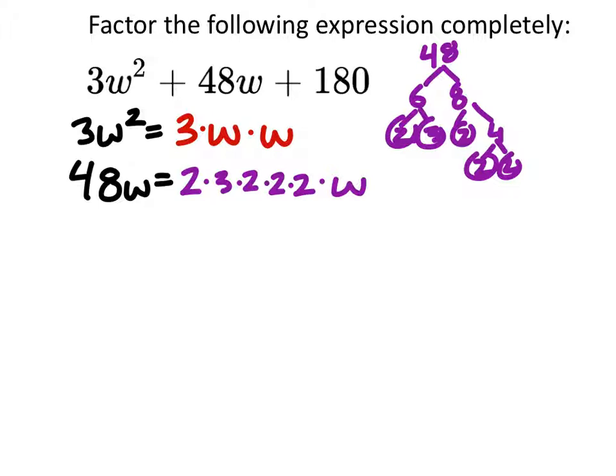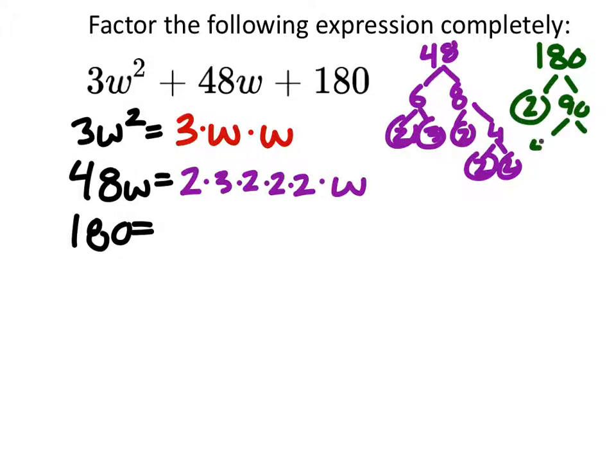Then we also got the 180, just the constant itself. So let's see, 180. I'm going to split it up into 2 and 90. Then I got 45 and 2. And 45 is 9 and 5. And 9 is 3 and 3.